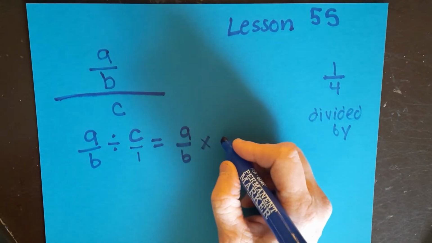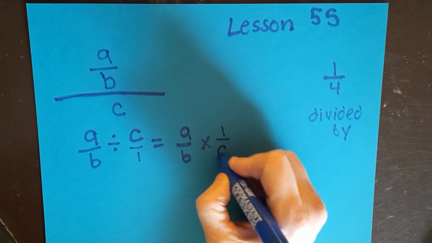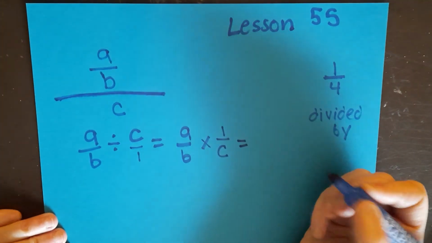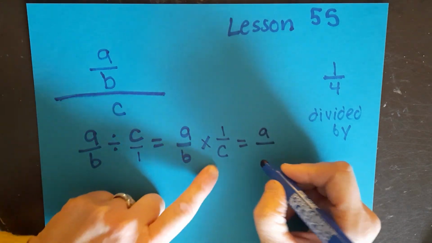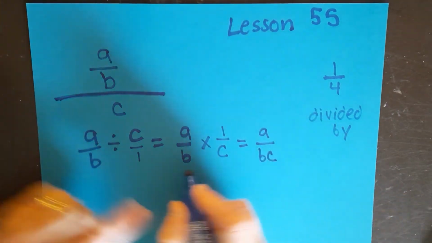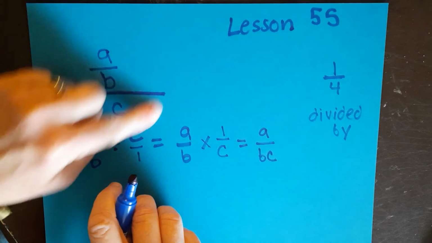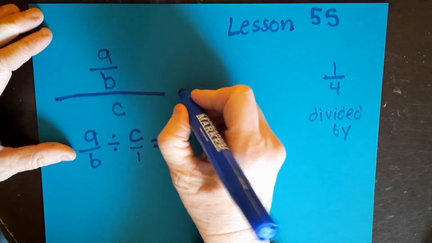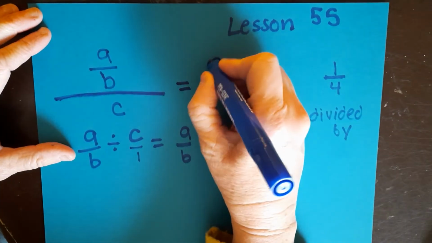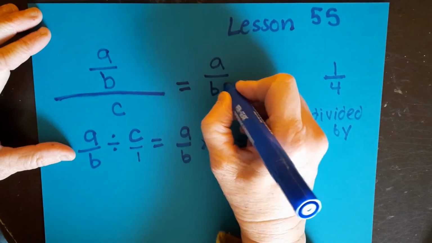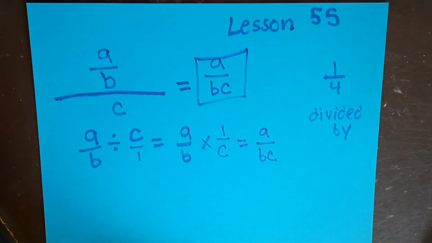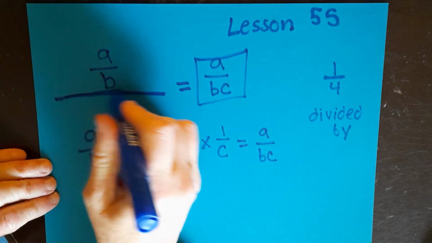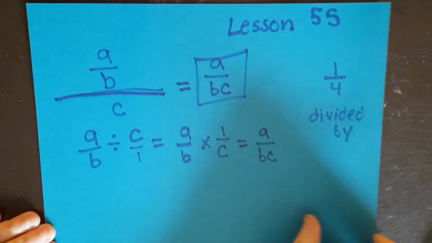So it becomes a over b times 1 over c. That is, a times 1 is a, and b times c is bc. So this complex fraction, a over b all over c, when simplified, equals a over bc. So this would be your answer. That's how you simplify them. Really easy if you remember that this line in a fraction means divided by.